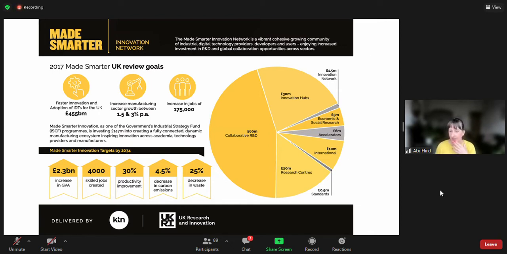There are a number of interventions underway already. For example, collaborative research and development programmes. There's a Made Smarter Digital Accelerator. There are pilot innovation hubs. And further information on all these interventions can be found on our website.